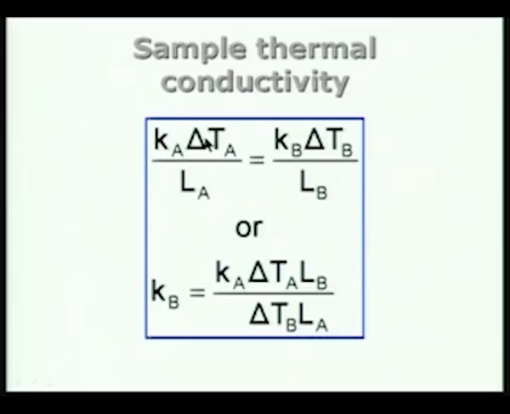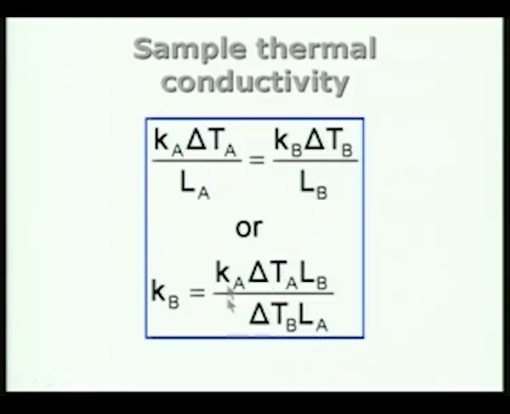Delta Ta is measured by the two thermocouples, La is known. Similarly, it is equal to Kb delta Tb by Lb, or we rearrange it such that I get Kb equal to Ka into delta Ta Lb divided by delta Tb La.